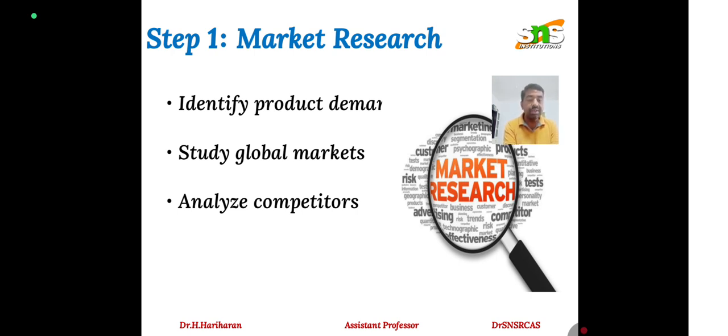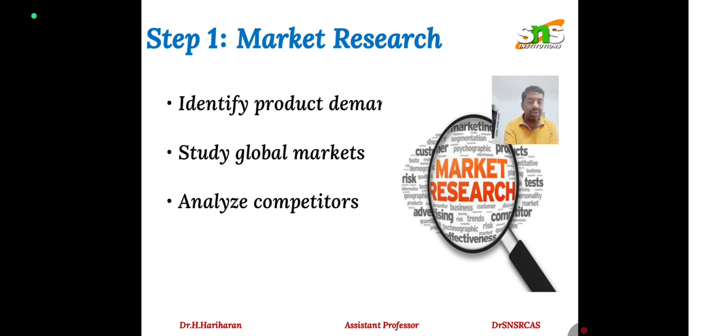That is the first stage. The second one is study global markets. Not only India, we have to do research for all the nations. Our country's product might have demand in other countries. Which countries? Which places? These things we should research.